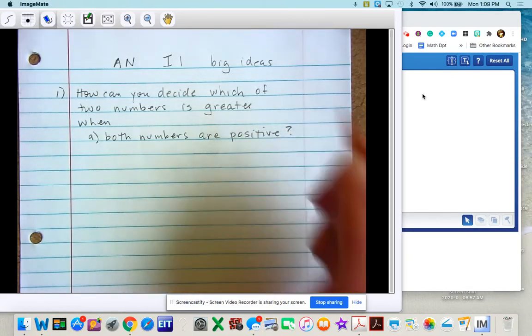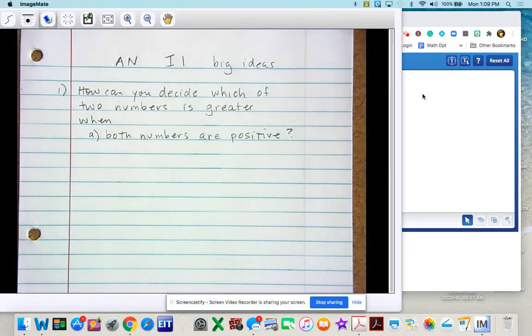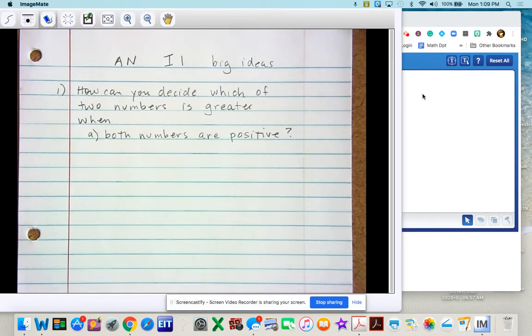So you've got two positive numbers that you worked with for a long time. How do you know which one is greater? There's lots of different ways to tell. You could think about place value, etc. But with our number line, what we've been doing, basically the larger a number is, the further it's going to be from zero on the right-hand side.